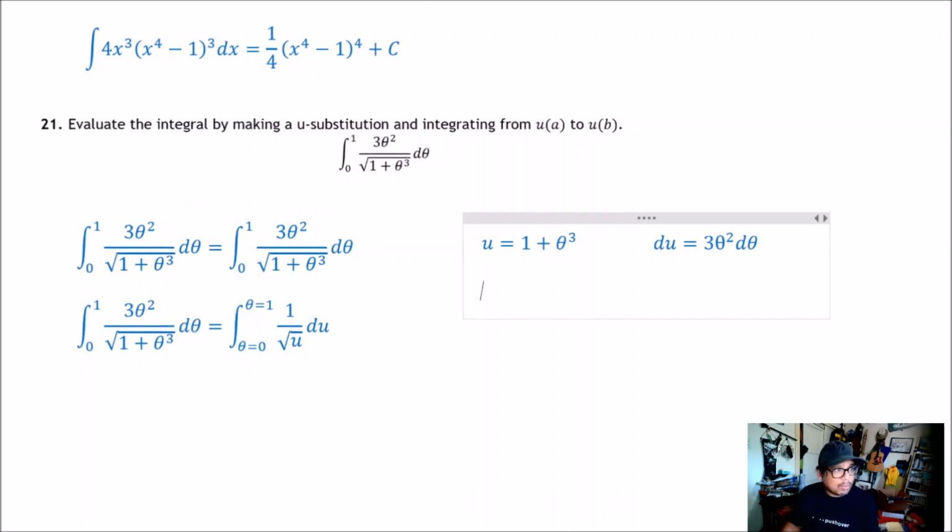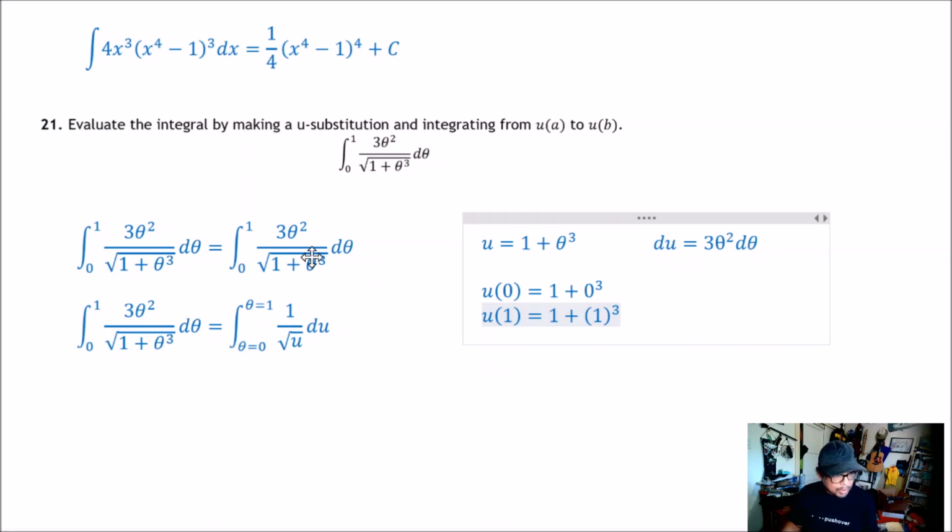So when theta equals 0, u is going to be equal to 1 plus 0 to the 3rd power, which is just 1. And then when theta equals 1, u is going to be 1 plus 1 to the 3rd power, or just 2.